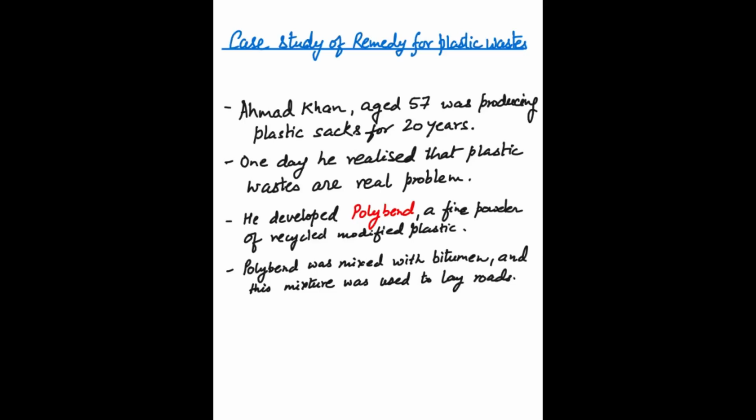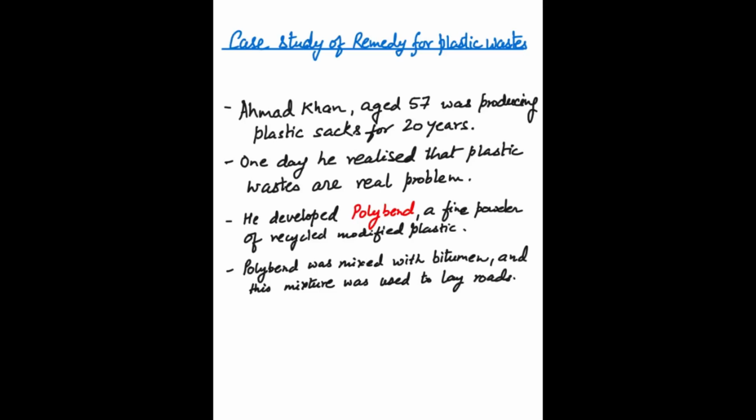Bitumen is a product produced after distillation of crude oil, and it is also used for waterproofing of roads. So what he did was blend this polyblend with bitumen, and used this to lay roads.